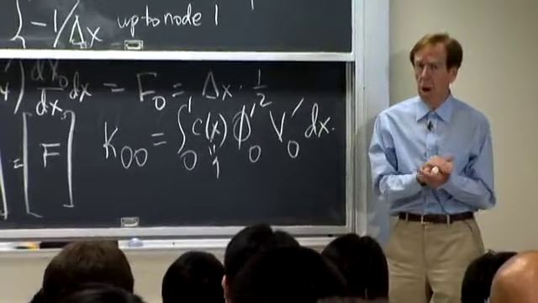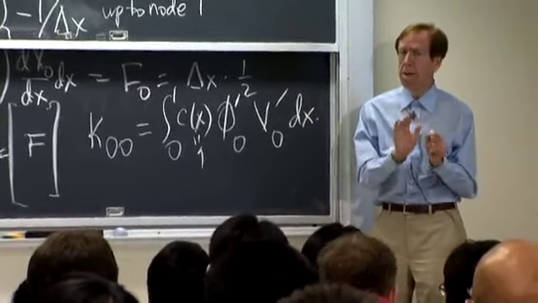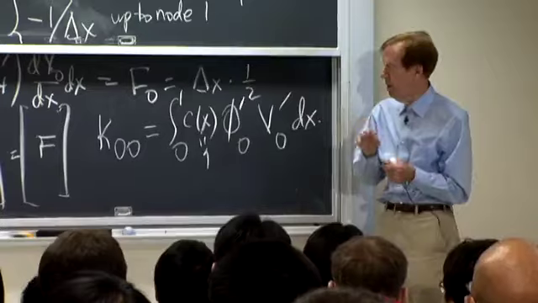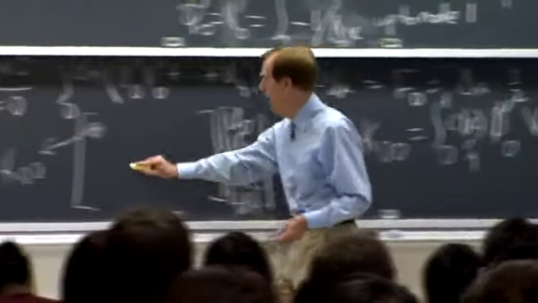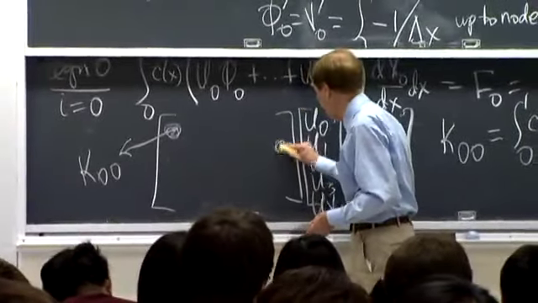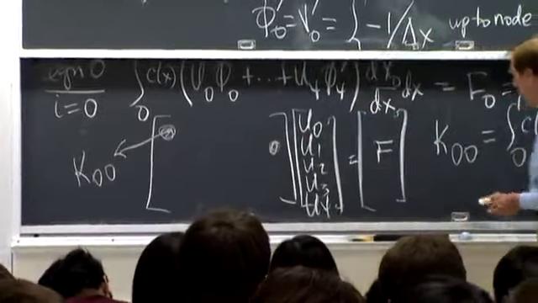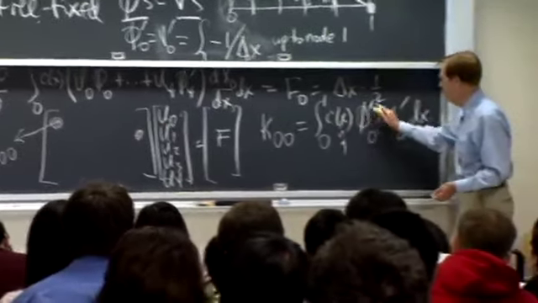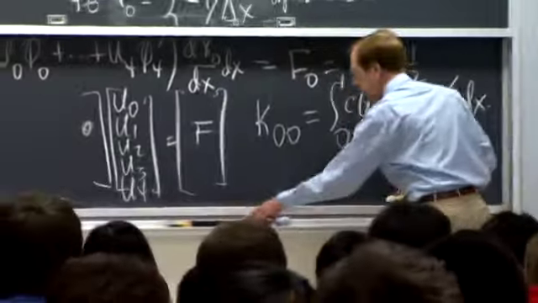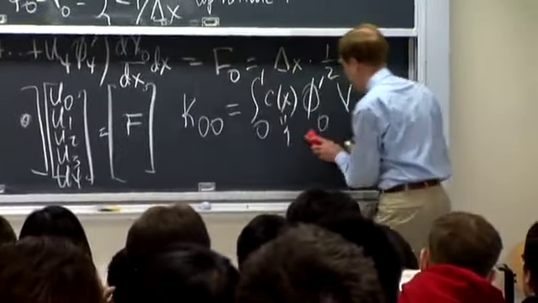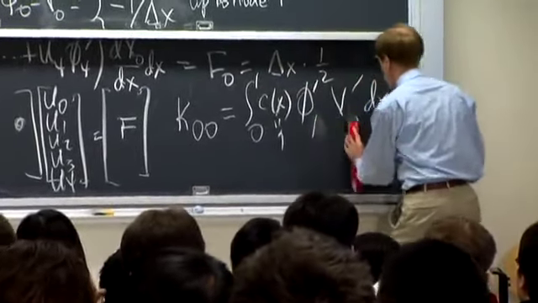What's the answer? This is the key point. Later, when I'm looking for the 1, 4 entry, I'm going to do an integral of phi 1 prime.